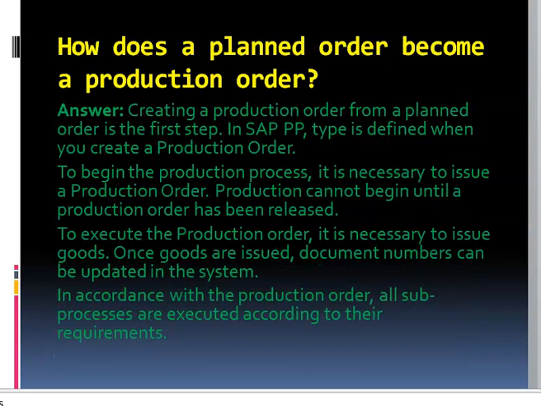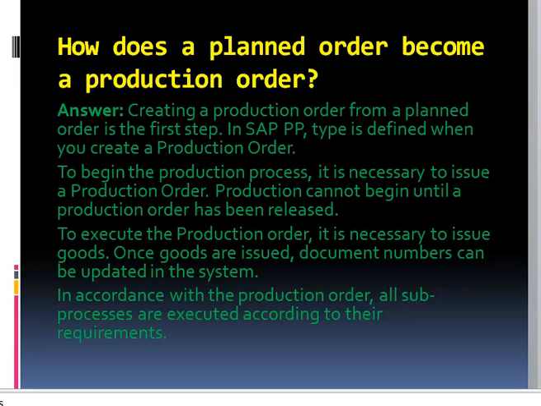How does a planned order become a production order? Answer: Creating a production order from a planned order is the first step. In SAP PP, this step is defined when you create a production order. To begin the production process, it is necessary to release a production order.